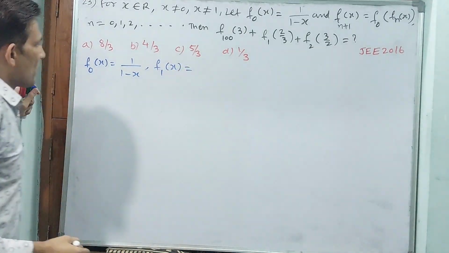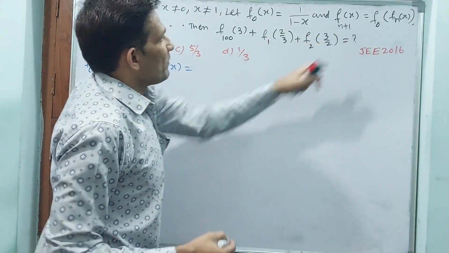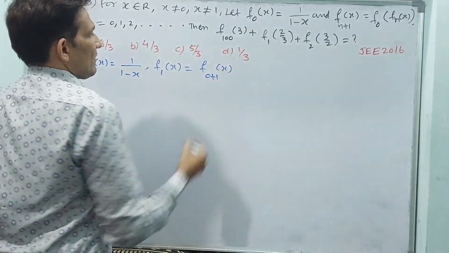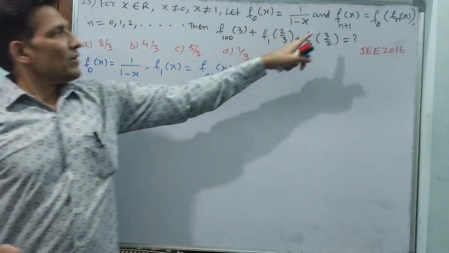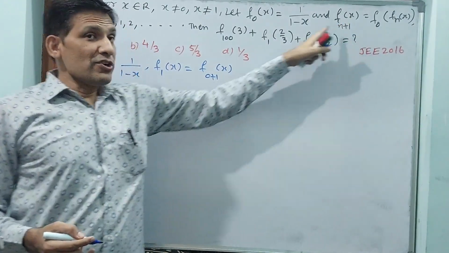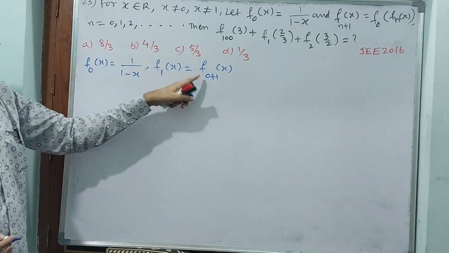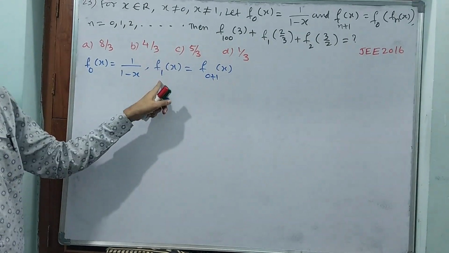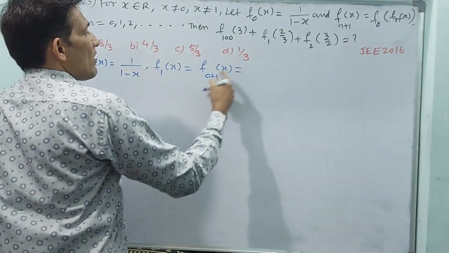f1 of x is equal to f0 plus 1, shall I write? Why? Because see, f of n plus 1 of x, but n you can take 0. That is why I have written f1 is equal to f0 plus 1. 0 plus 1 is 1 only, f1. What is this formula?